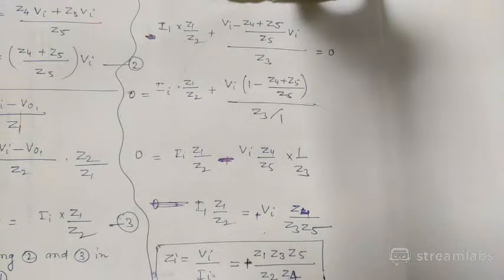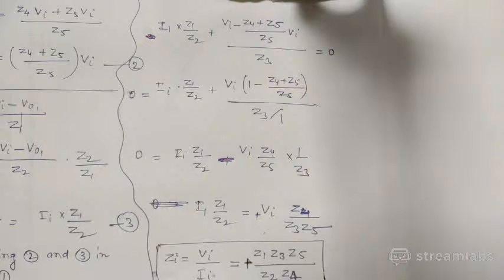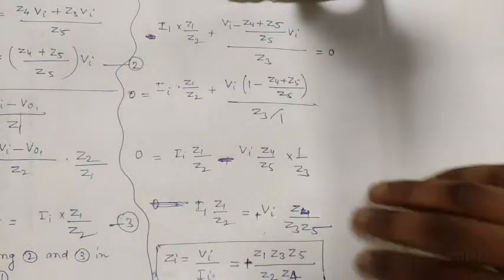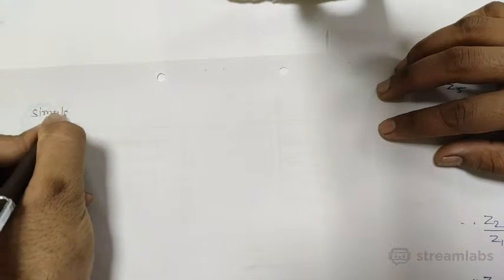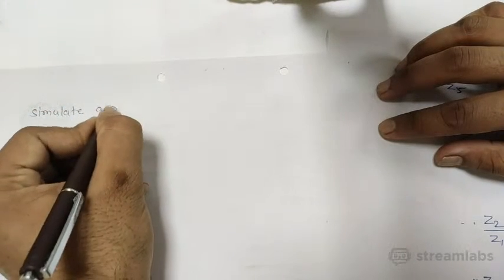So if I want to simulate a resistance by this general impedance converter, say a resistor of 10 kilo ohm, then what will I do?